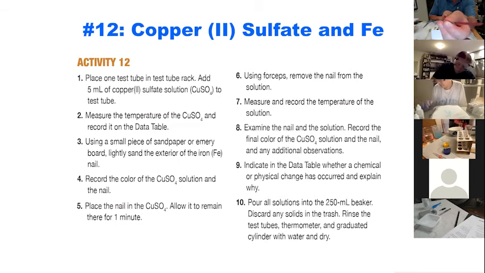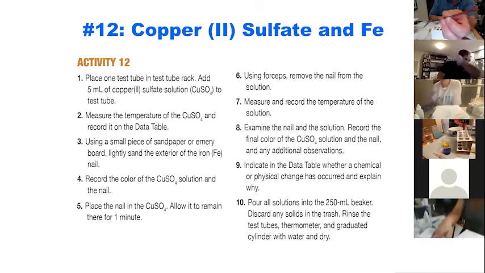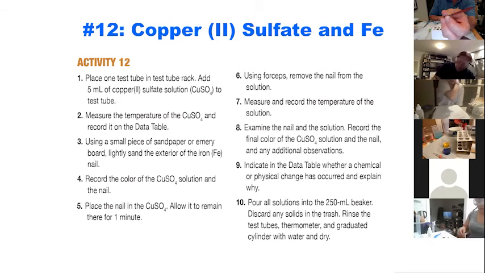So just like the aluminum before, the aluminum and the copper changed places. The aluminum was a metal and the copper was an ion. And then the aluminum became an ion and the copper became a solid metal. And the same thing is true here.